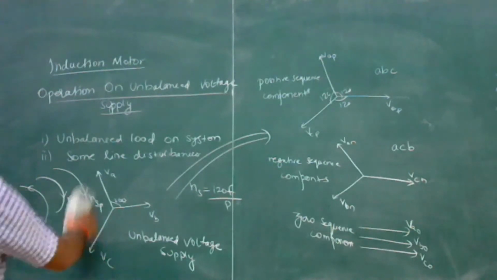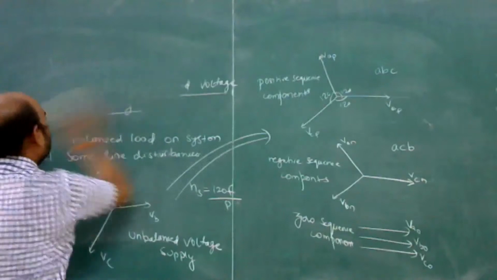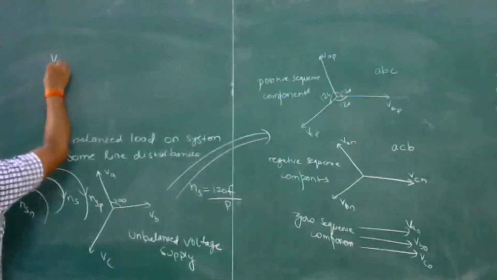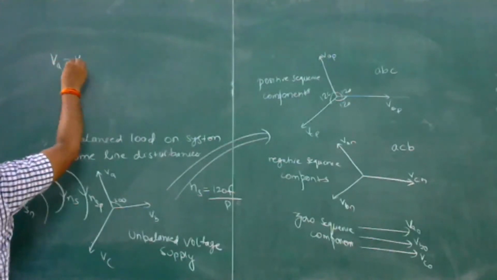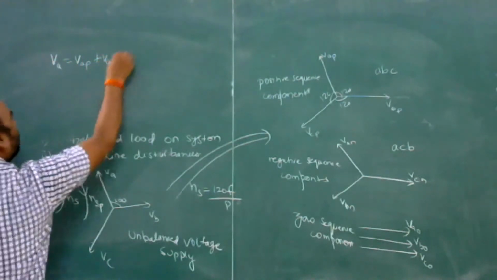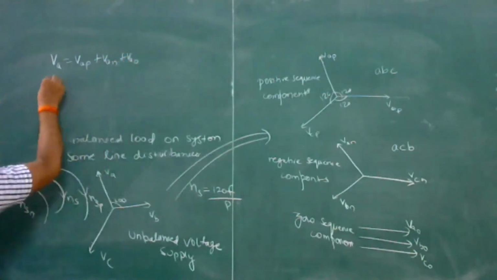So voltages VA, VB, and VC can be decomposed into three components. VA is equal to VAP plus VAN plus VA0.